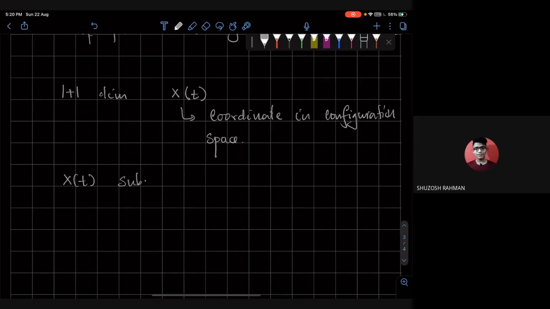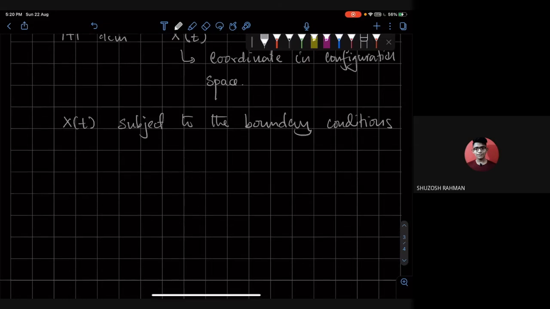Okay. And this function, x of t, say, subject to the boundary conditions. Suppose we give some boundary condition that at t equals t naught, the value of x of t is x naught. And at t equals t final, the value of x of t final is xf, okay?